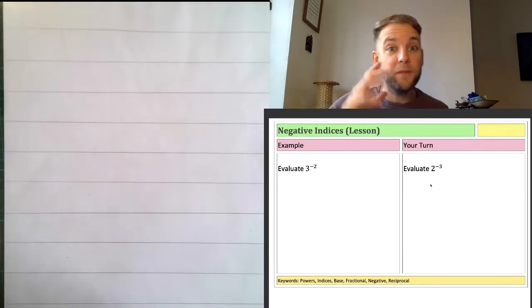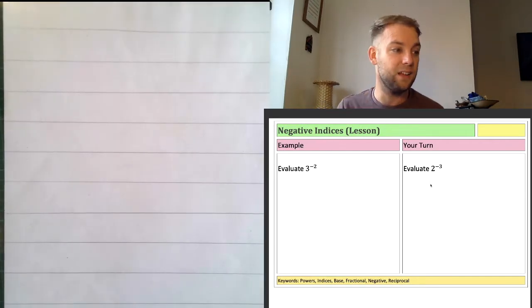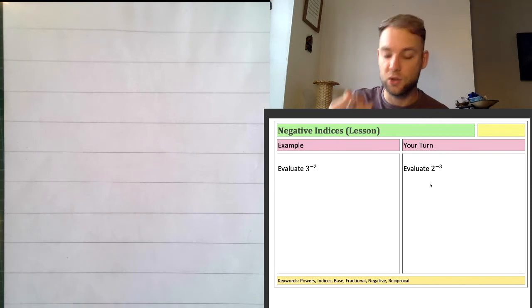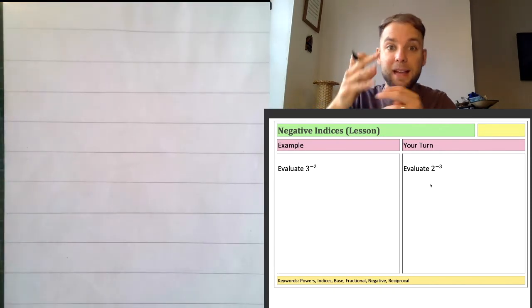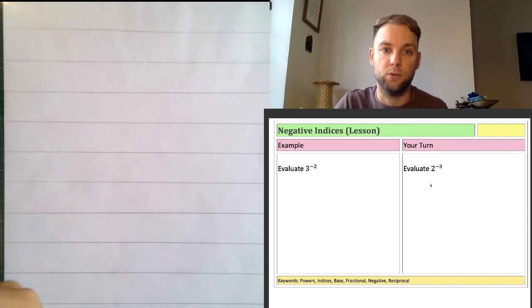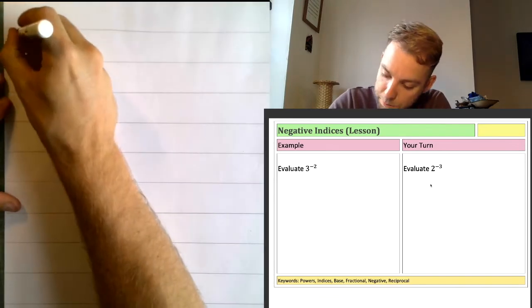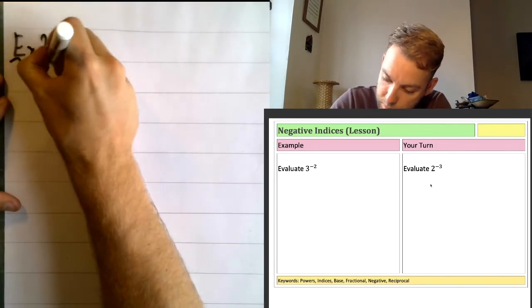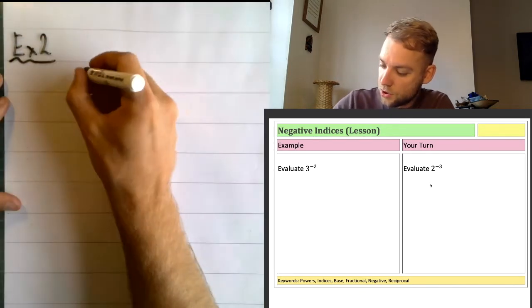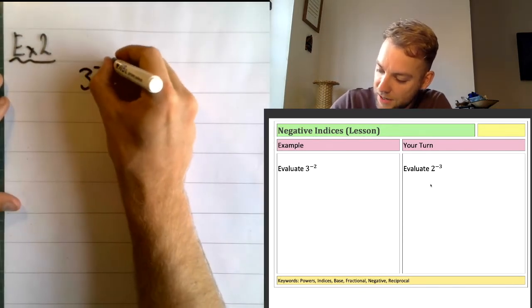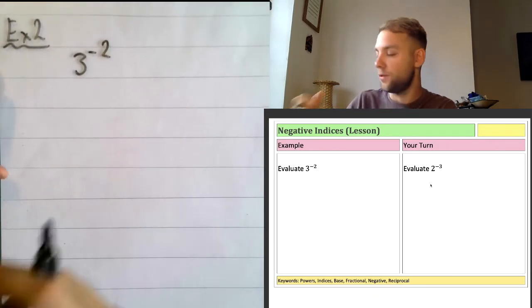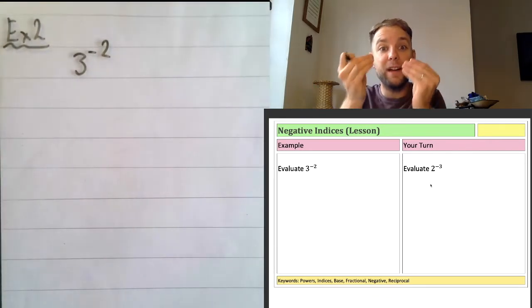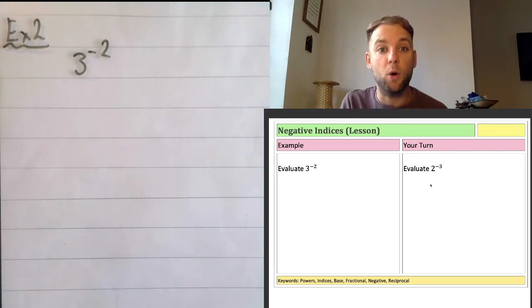So now we're dealing with the negative powers, and it says evaluate 3 to the minus 2. Now, remember the negative part of this means 1 over, means the reciprocal. So that's the first thing you need to do. Example 2, do get this in your notes. So 3 to the power of negative 2, or anything to the power of negative 2, this negative means 1 over, so I get rid of that negative power and I write it as 1 over what it is.